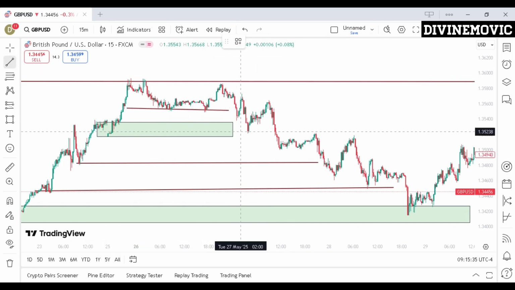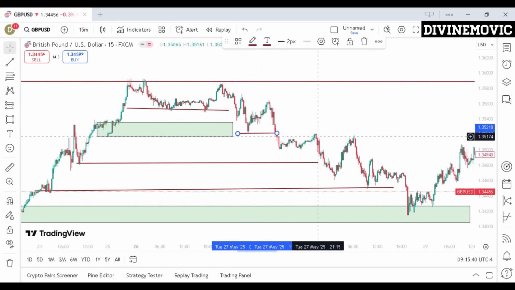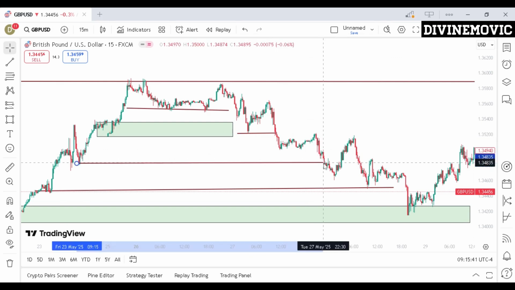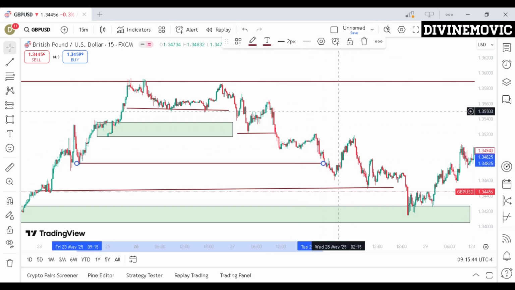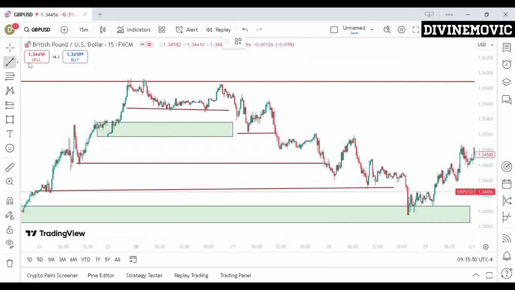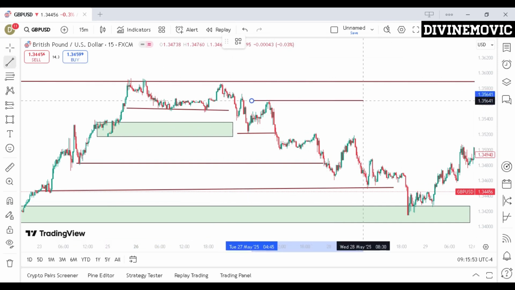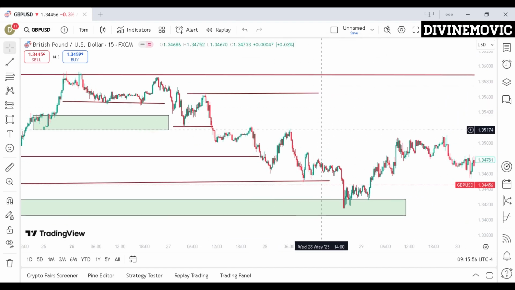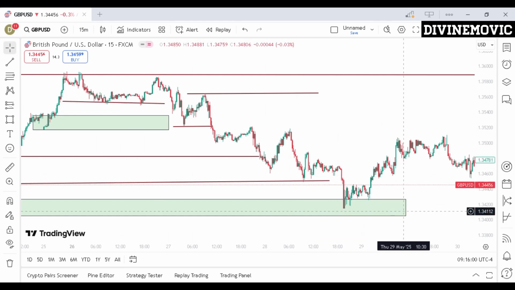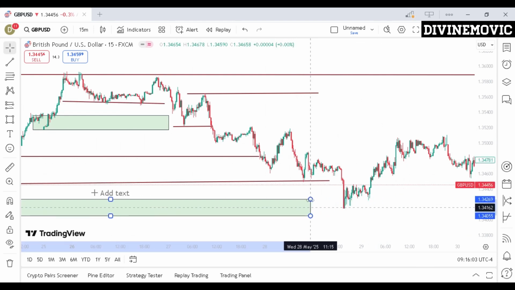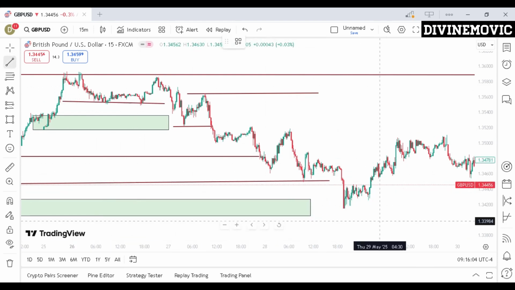That means here becomes a change of character, and when price eventually took out this particular low here, it becomes a break of structure. What this means is this: since price gave us a break of structure, here becomes a strong high, and most likely wherever price gets to is now the weak low, which means here most likely is acting as a weak low.